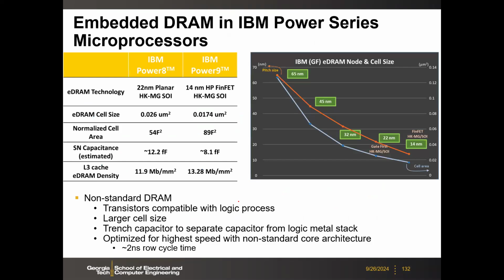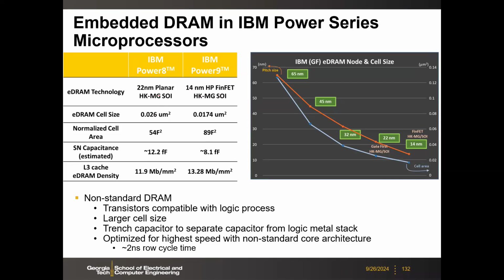So IBM really invested in this EDRAM process over the generations. And actually they use that for their commercial products in their Power series processors. Here, for example, the recent ones, like Power 8 and Power 9, based on the 22 nanometer and 14 nanometer technology nodes.